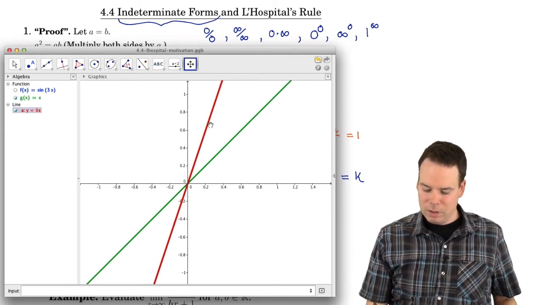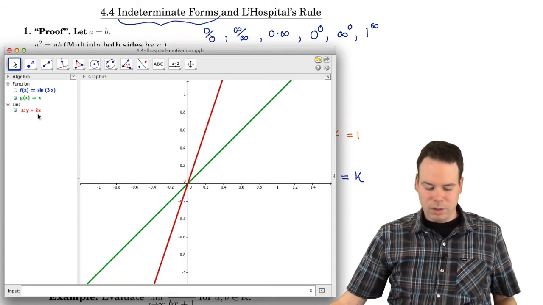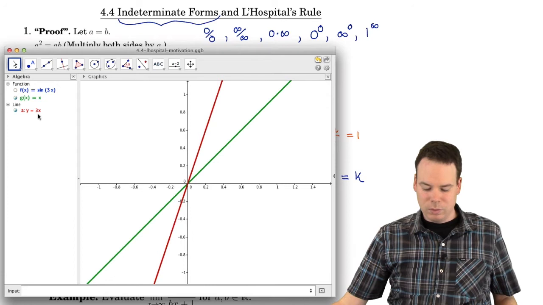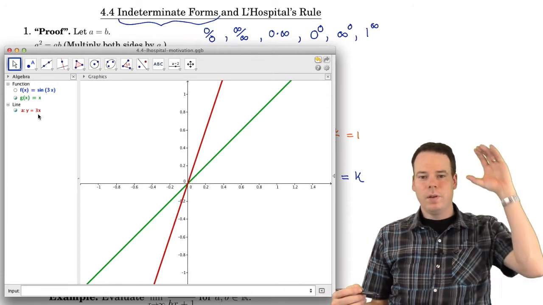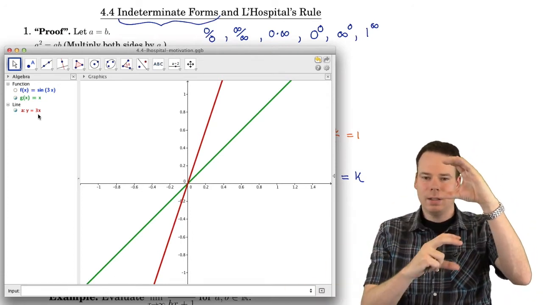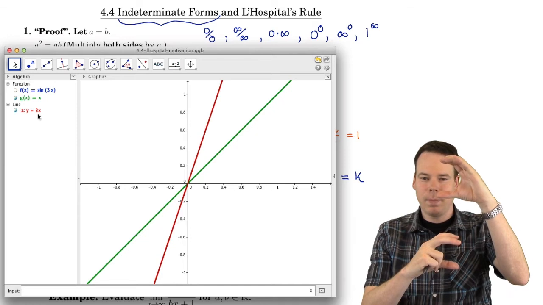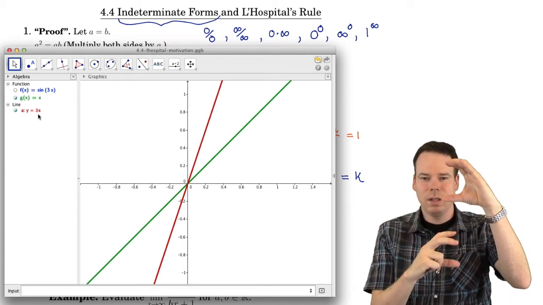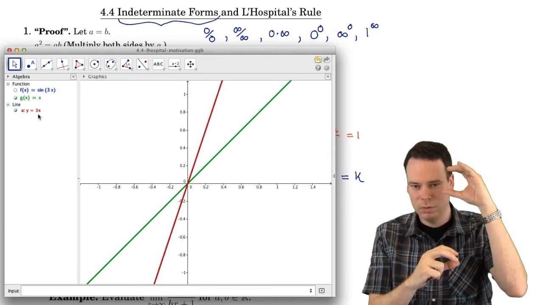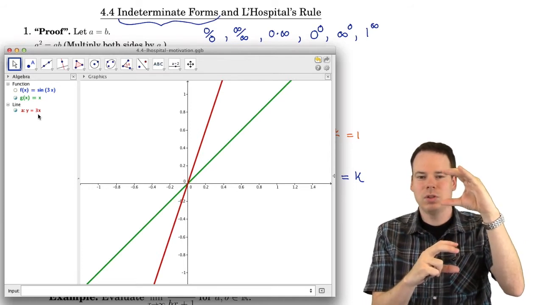Well, that means I'm just interested in the ratio of, you can see the equation for the tangent line over here, it's just 3x, y equals 3x. So we're interested in the ratio of 3x over x as x goes to 0. Well, that ratio, the x's will cancel, and we get that the limiting value is 3. Limit of 3x over x as x goes to 0 is just 3.